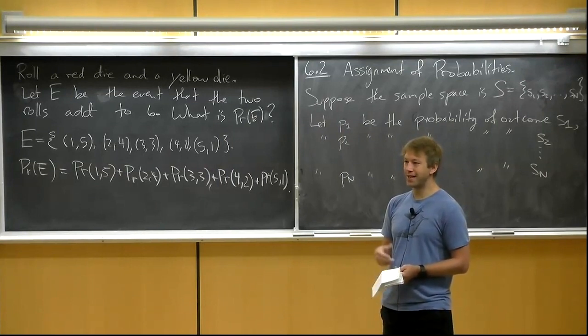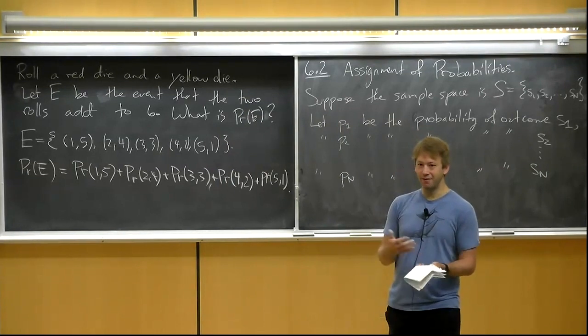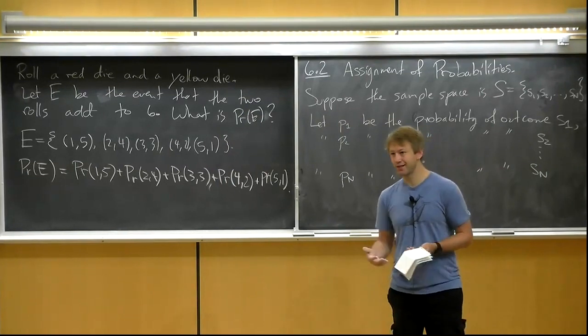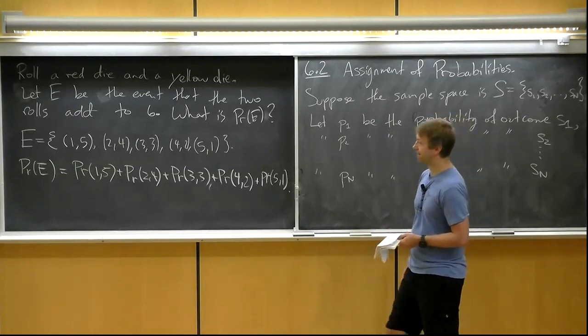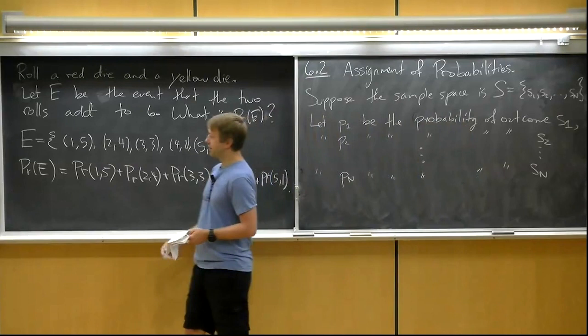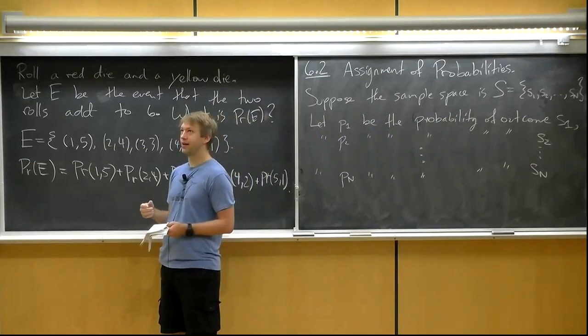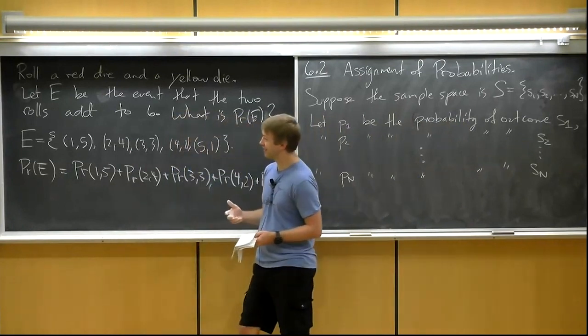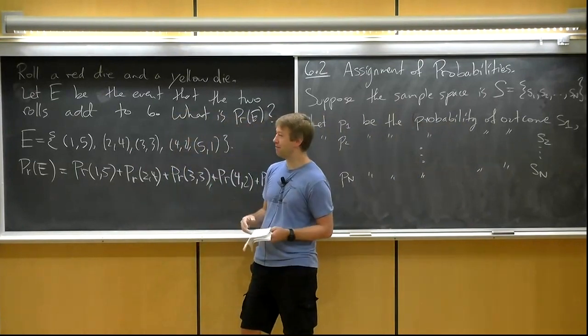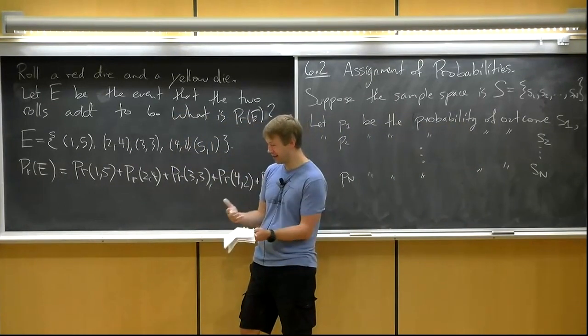Well, but that's not really thinking of your outcomes in the right way, in some sense. I kind of get what you mean, but that's not really thinking of it in the right way.